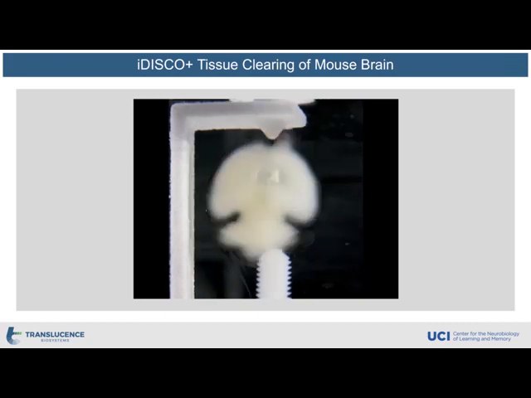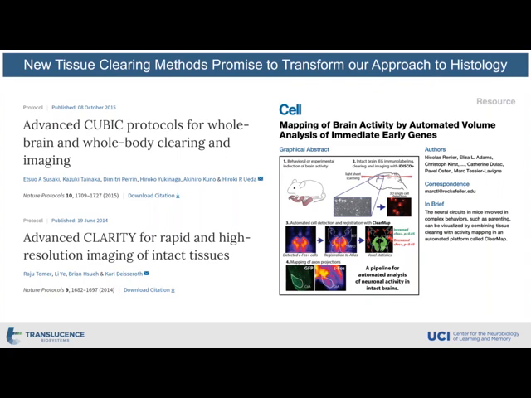Now, there are a number of techniques that have emerged in recent years for brain clearing and tissue clearing in general. A few of those methods are identified here. The method iDisco, developed in Marc Tessier-Lavigne's lab, is the primary method that I'm going to talk about today. Of course, many people are familiar with hydrogel-based methods and other organic solvent-based methods.